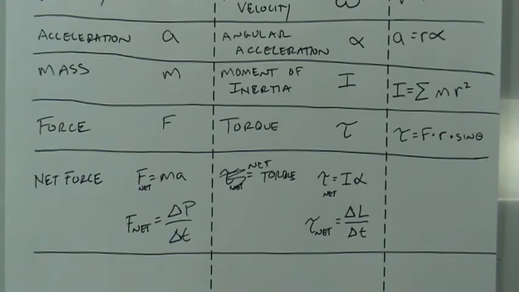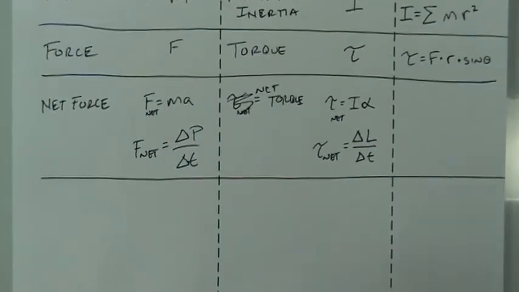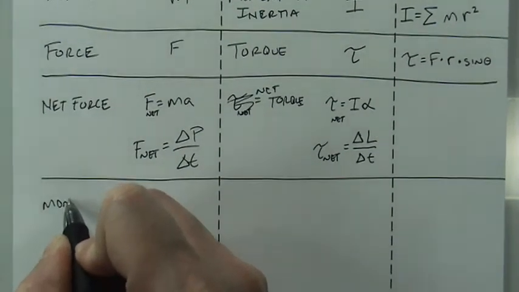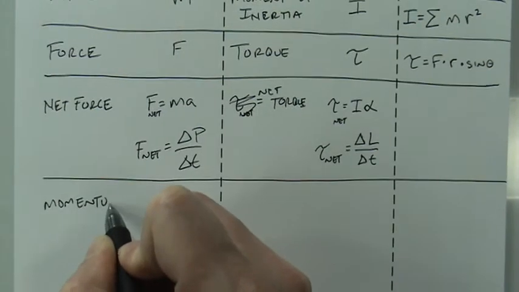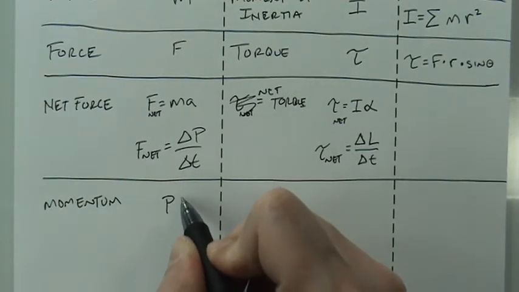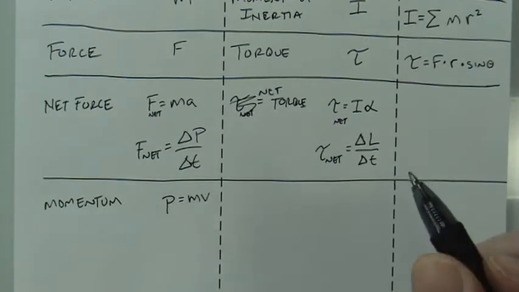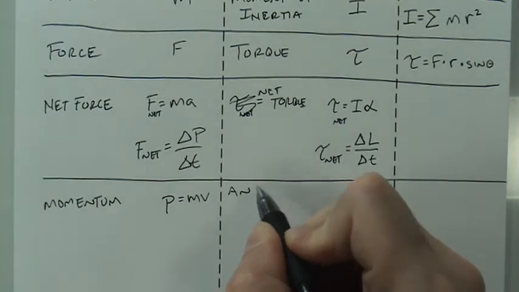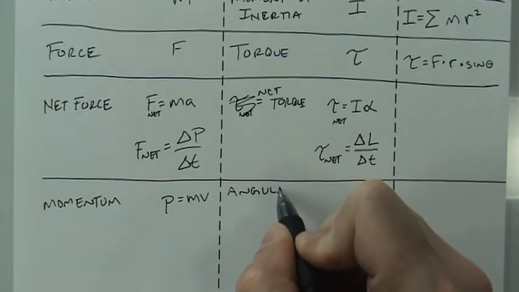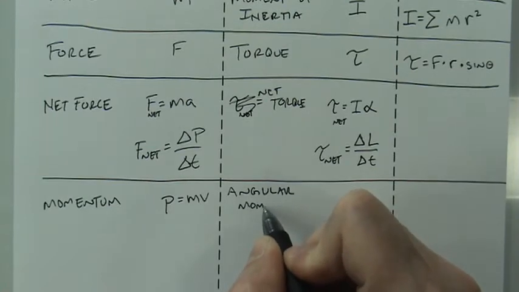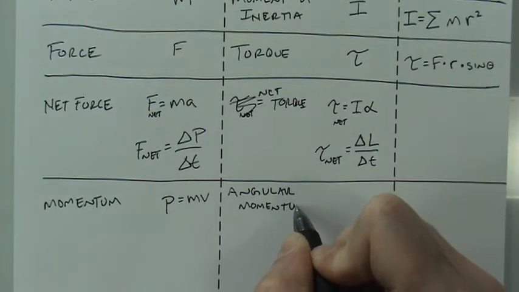Okay, so let's look at the other areas of physics that we have talked about. So let's take care of momentum right now. The symbol for momentum is little p is equal to m times v. There is something called angular momentum.